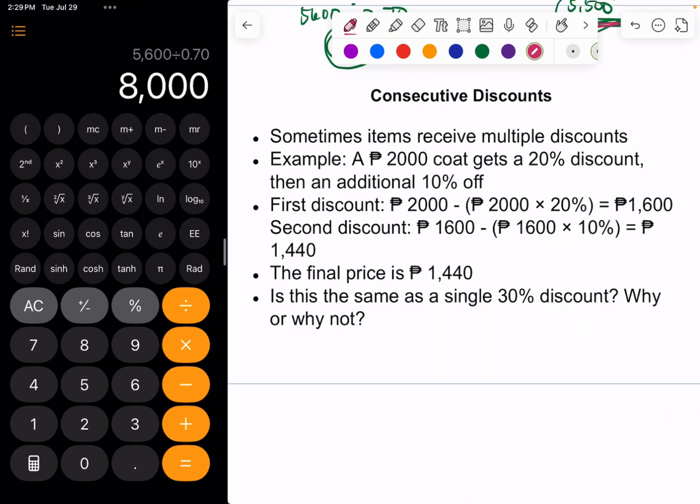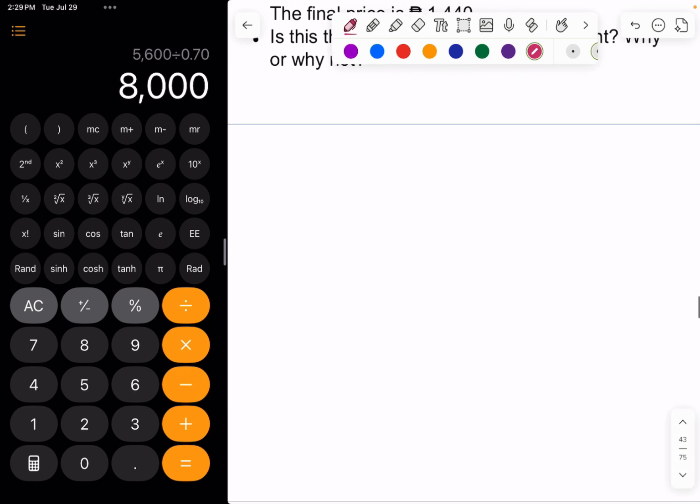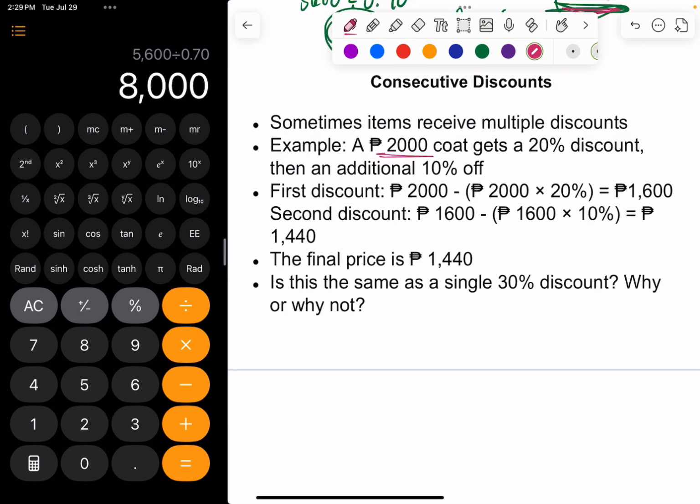Consecutive discount, the same ra gihapon adtong ganina. So a 2,000 pesos coat gets a 20% discount and then an additional 100 pesos off. Unsa may buhaton? 2,000 minus 20% of 2,000, that is, what is 20% of 2,000?